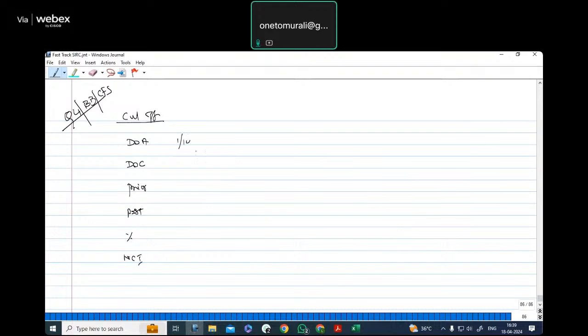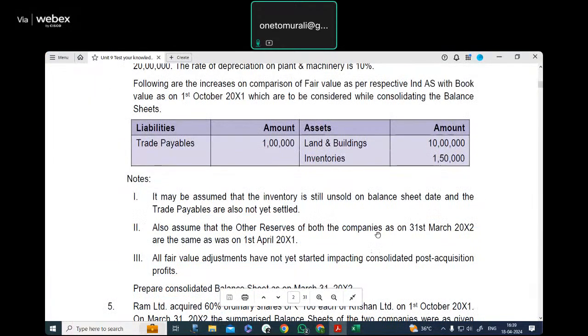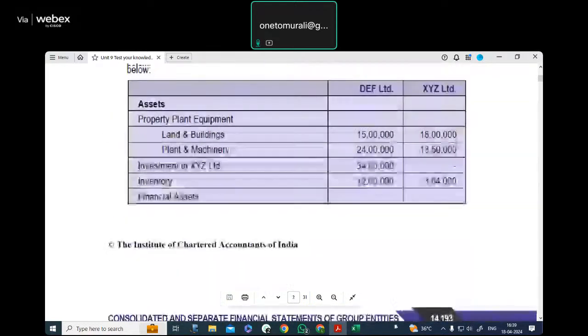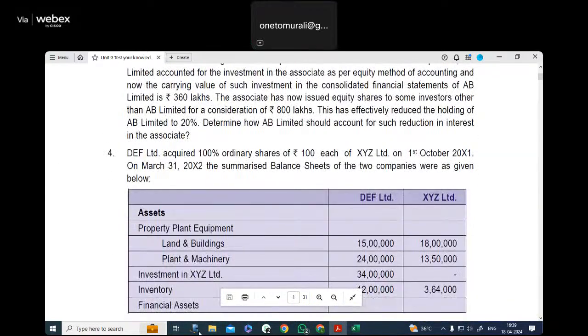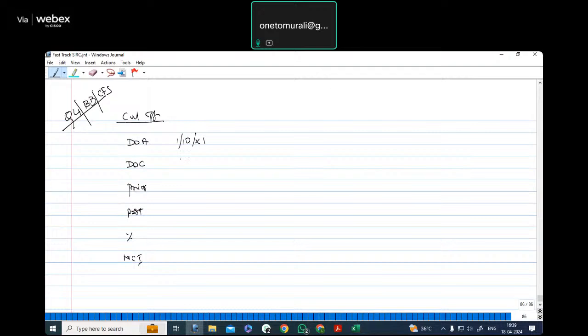So it is 1st of October X1, 31st of March X2, prior 6 months, post 6 months, percentage of acquisition 100 and non-controlling interest being nil. So this is what we have for cutoff.